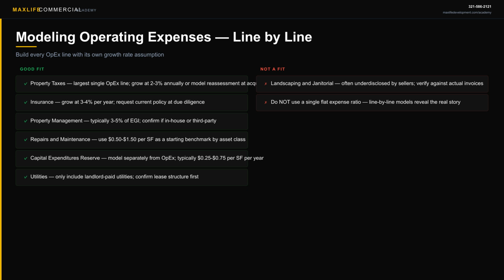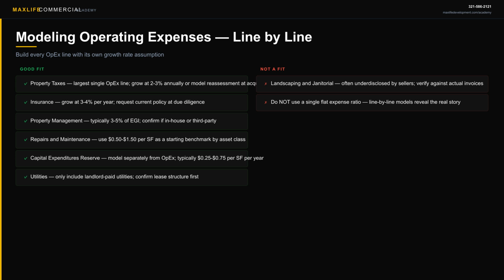Operating expenses are where a lot of buyers get burned because sellers have a strong incentive to understate them, and buyers often use a quick rule of thumb, a flat 30 or 40% expense ratio, instead of building a real line by line model. Here is the discipline we follow at MaxLife Commercial. Start with property taxes.